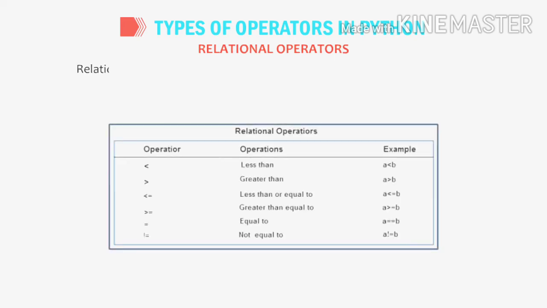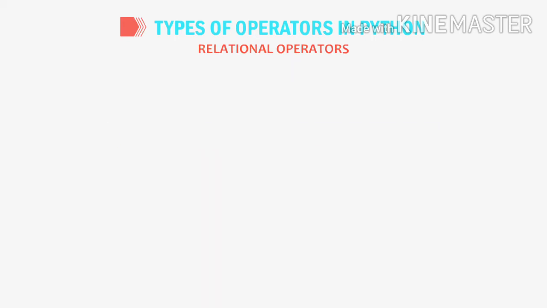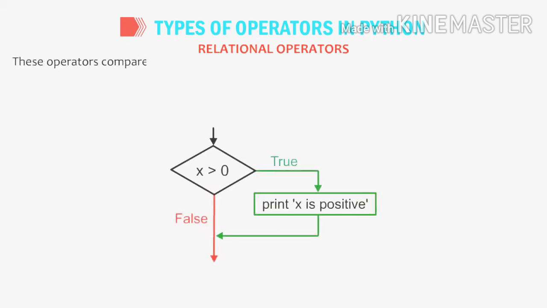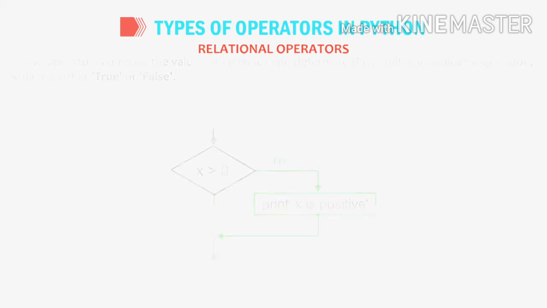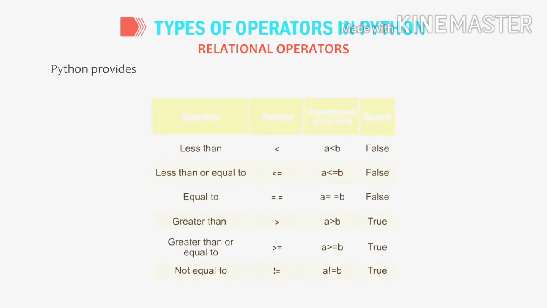Next one is the relational operator. The relational operator is used to show the relationship between the operands. Clear? It is mostly used to compare the values of variables and determine the results in a Boolean expression. What is Boolean? It may be true or false.